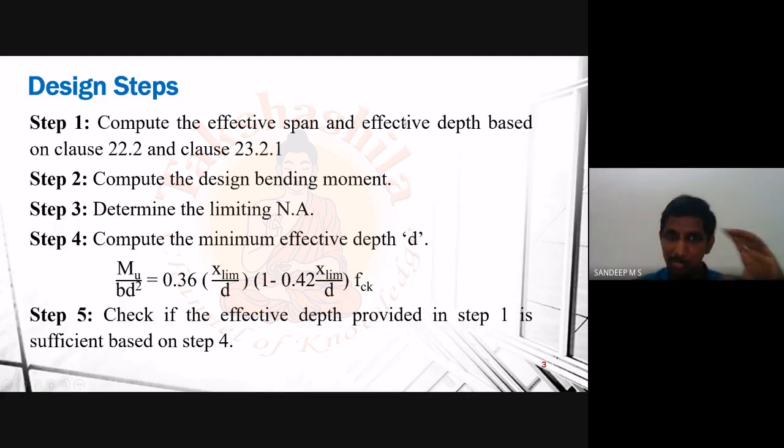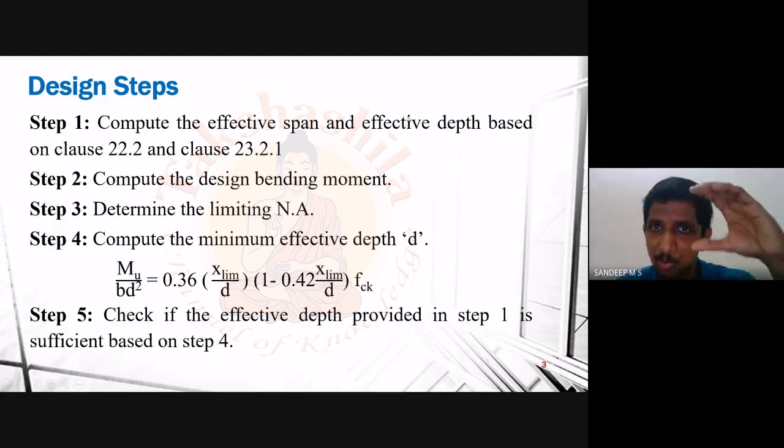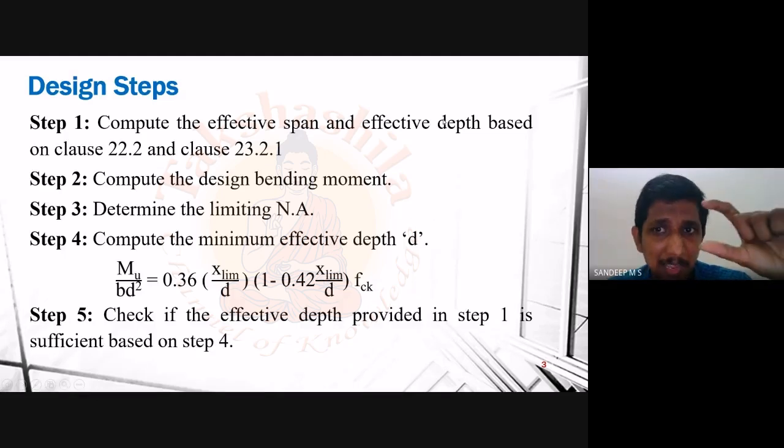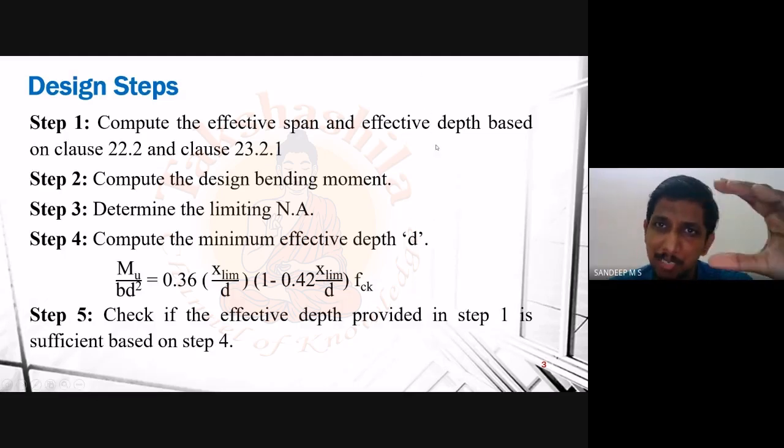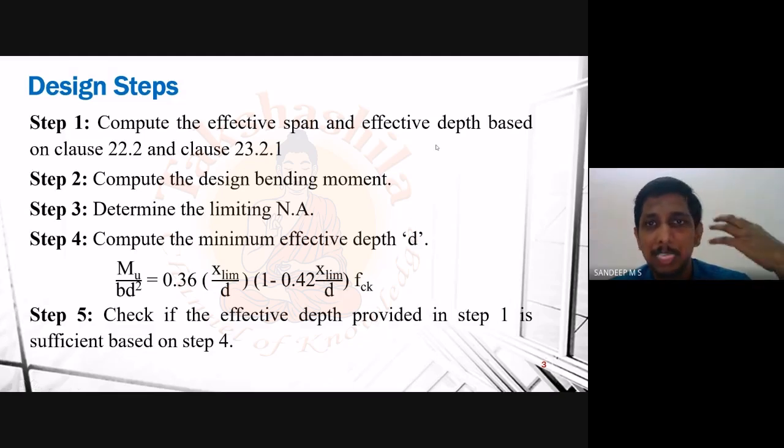This is where confusion usually comes into the picture, so please focus. Here we have an effective depth to start with, because to calculate the effective span and other things, we require an effective depth. For that, based on the control of deflection, we obtained a value for our effective depth, and we are not sure whether this effective depth will be sufficient to take up the load acting on the structure.